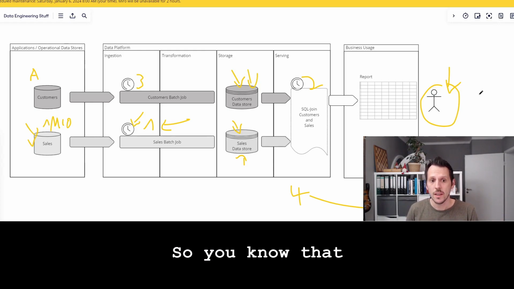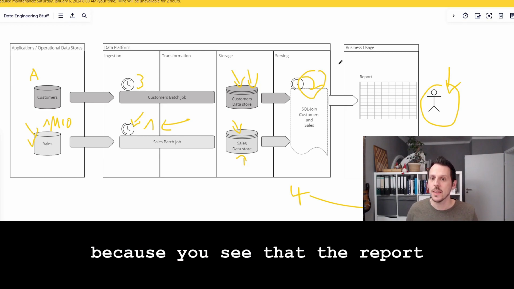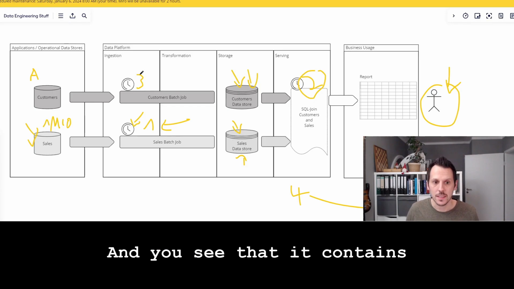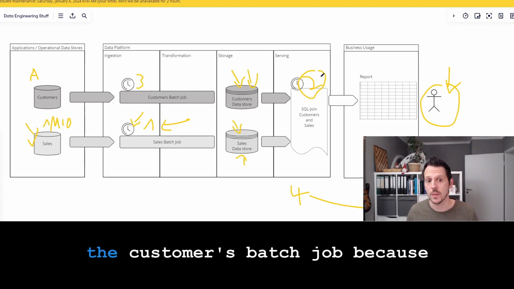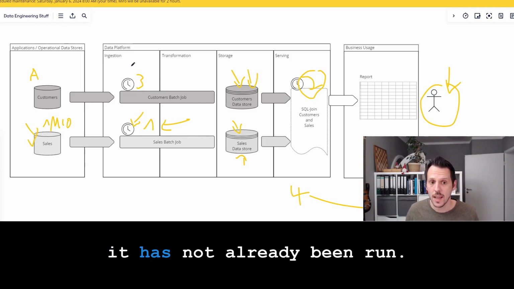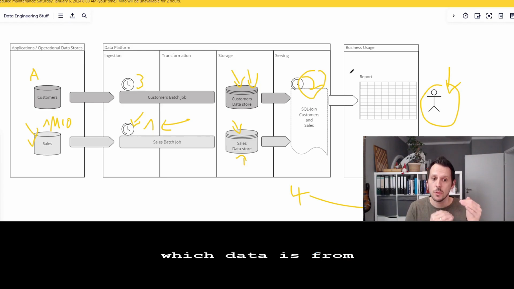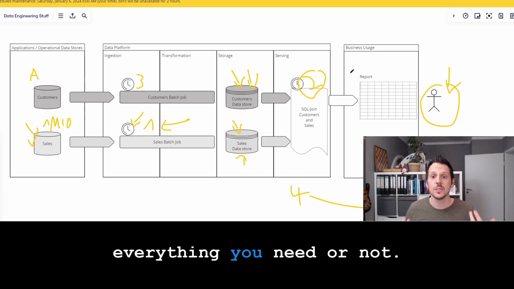So you know that you get into a problem here, because you see that the report itself is generated at 2 o'clock, and you see that it contains data from the day before from the customer batch job, because it has not yet run. So data lineage tells you which data is from which timestamp, and so you can decide if that is everything you need or not.